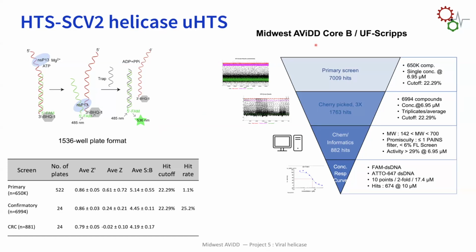This screening was done by the UF Scripps group, starting from 650 compounds and going through all the funneling channel. At the end, we had about 700 compounds showing an IC50 at about the 10 micromolar level.